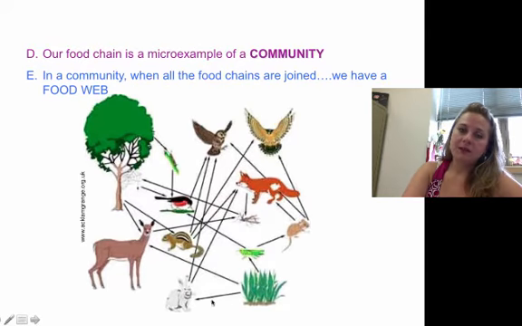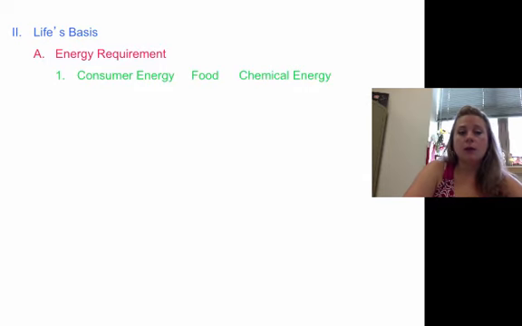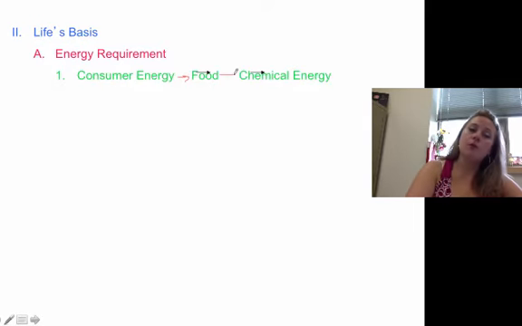So basics. Basics about life here. Again, we talk about that energy. Everything needs energy. Okay, really, really key. So this idea of the energy coming from there, sorry about my arrows, okay, that the consumer energy we get in the form of food, which then comes in the form of chemical energy, which is pretty important since the energy that hits our planet hits in the form of light.